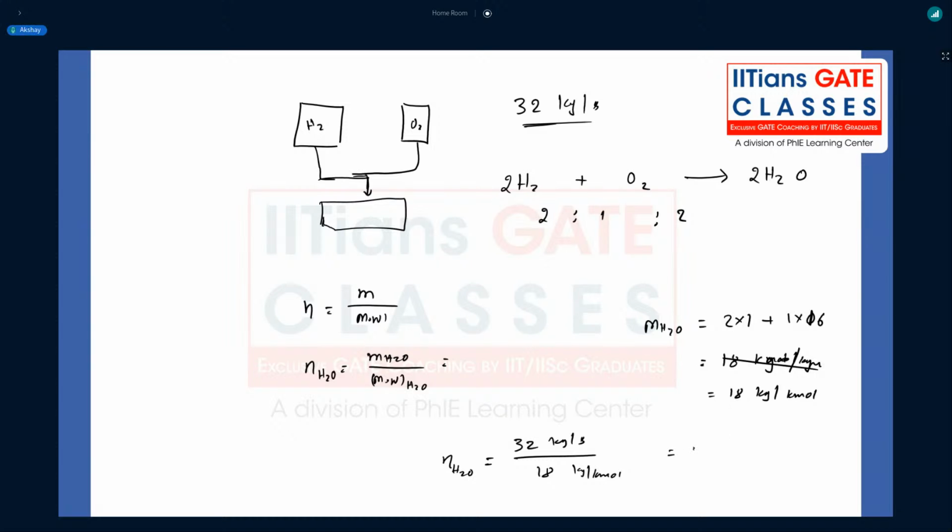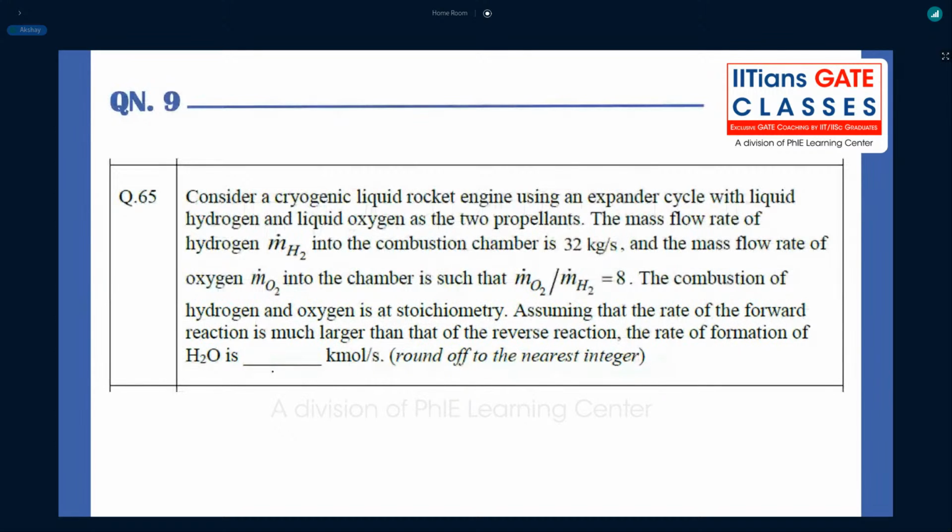That is going to be something around 1.778 kilomole per second, or nearly rounding off to the integer value, that is 2 kilomoles per second. Okay.